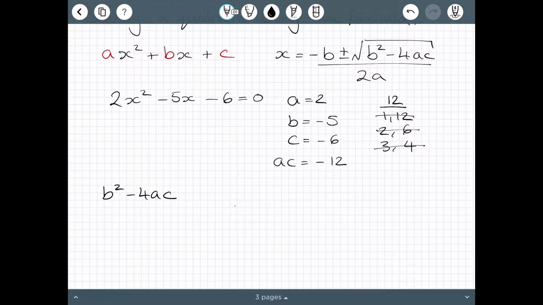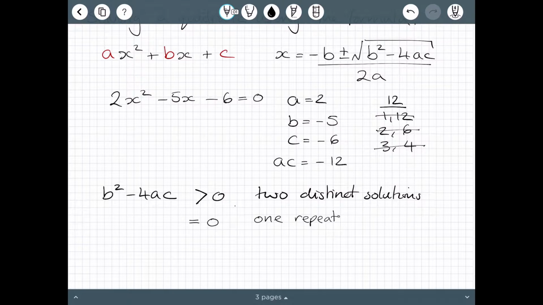It can be greater than 0, and that means there are two distinct solutions, two different solutions. It can be equal to 0, and that means we get one repeated solution. Or it can be less than 0, which means there are no solutions.